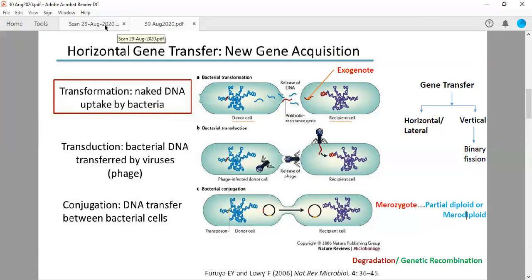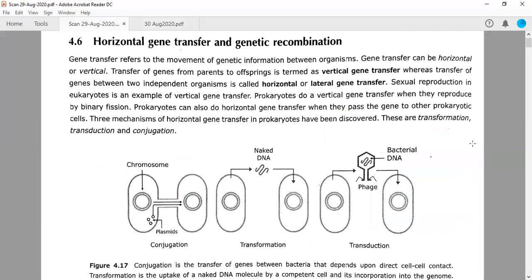So let's look into the Pathfinder, exactly what is given, what is written. I am reading from page number 444. So this is the horizontal gene transfer and genetic recombination topic. Gene transfer refers to the movement of genetic information between organisms.